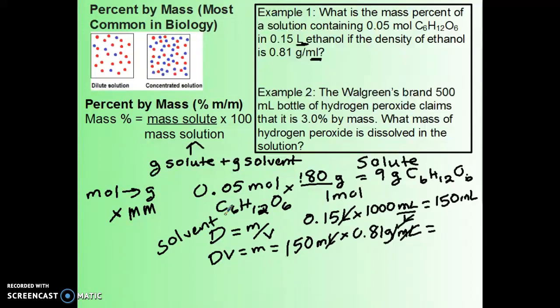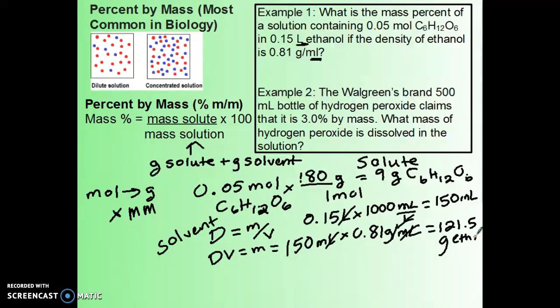So I'm going to take 150 and multiply by 0.81. And I've got 121.5 grams ethanol. So I'll just simplify to E. Okay. Now let us go ahead and prepare to find the mass percent of our solution.